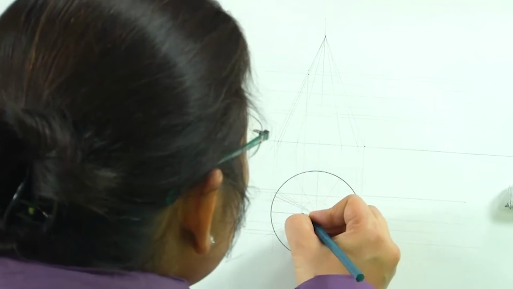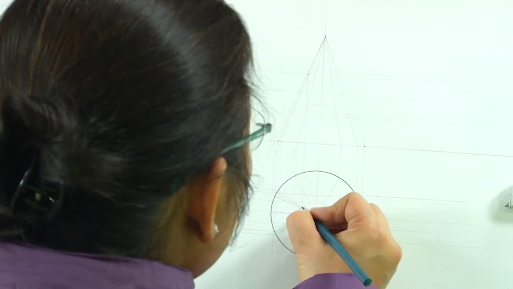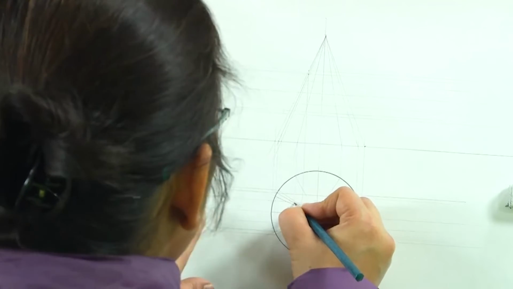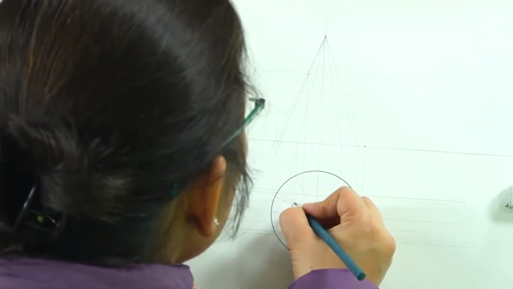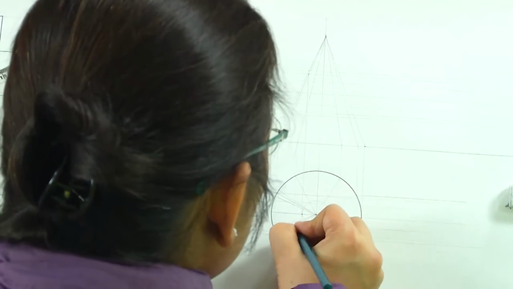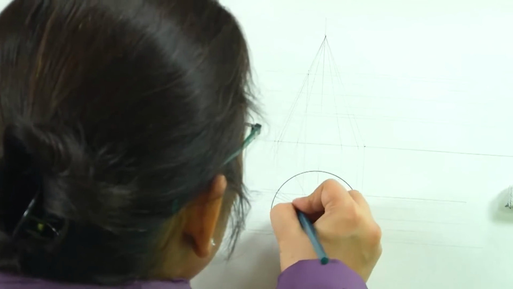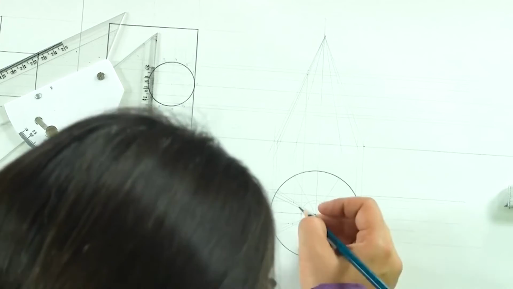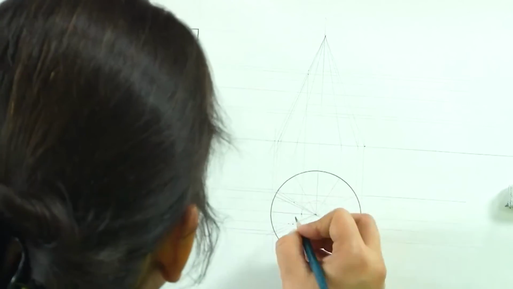So, what we get here is the generator intersecting the horizontal points like this. So, these are the next two generators.